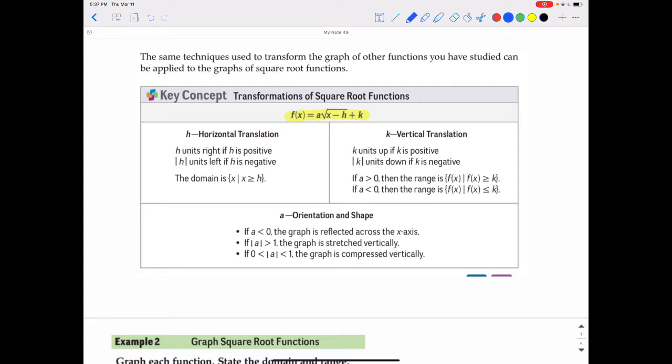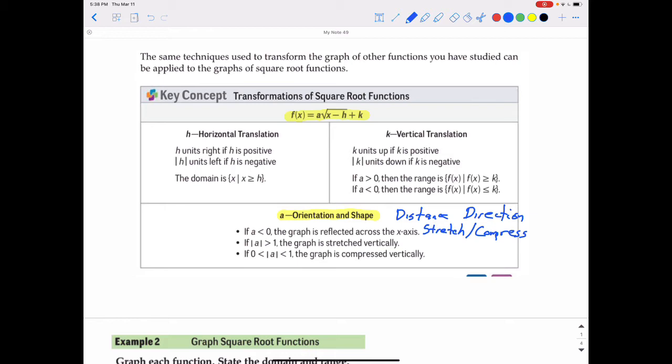The a is very similar to the a that we've used in graphing quadratic equations. The a is going to give you your orientation and shape. In other words, your distance and direction. So your distance and direction is going to tell you if it's going to stretch or compress, and can also tell you whether it's going to be opening upward or opening downward.